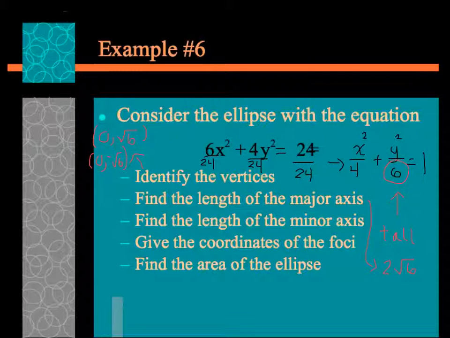The length of the minor axis, we know, according to our graphic organizer, is 2a. Well, a squared is 4, so a must be 2. So it's going to be 2 times 2, which is 4. The foci, I need to find c.